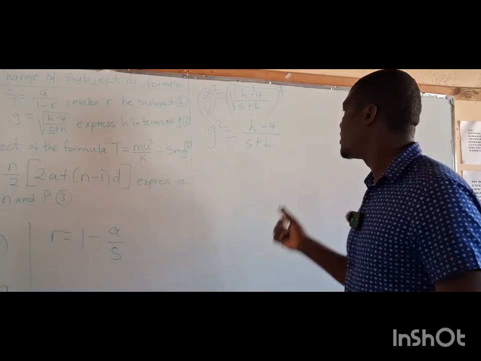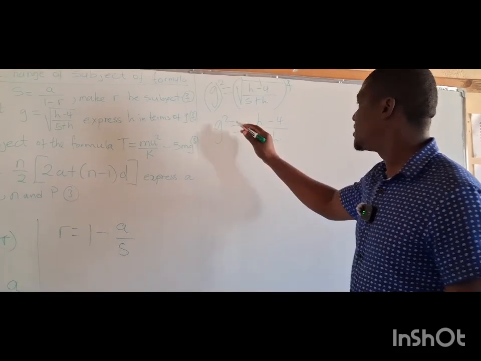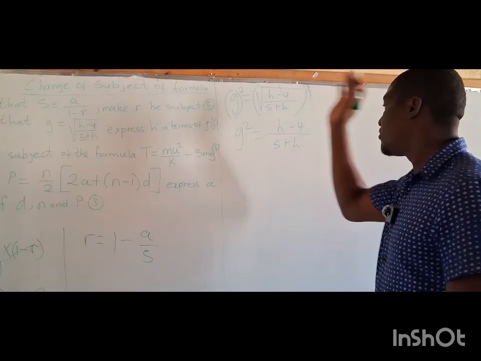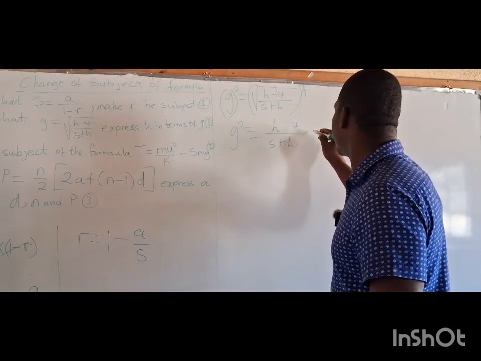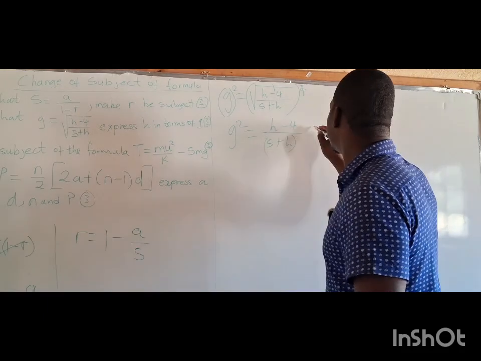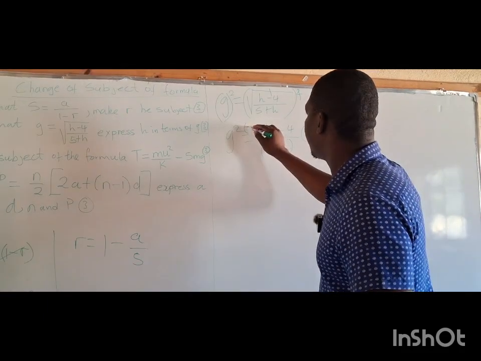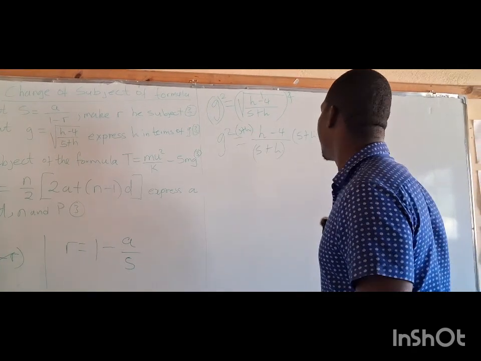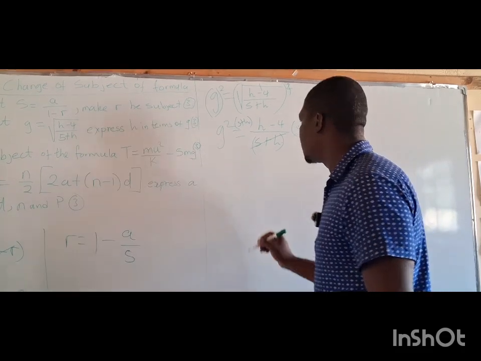We are now at the stage whereby we have to clear this fraction part. You multiply both sides by the LCM. So the LCM is 5 plus H, multiplied by 5 plus H, both sides. 5 plus H and 5 plus H cancel each other.